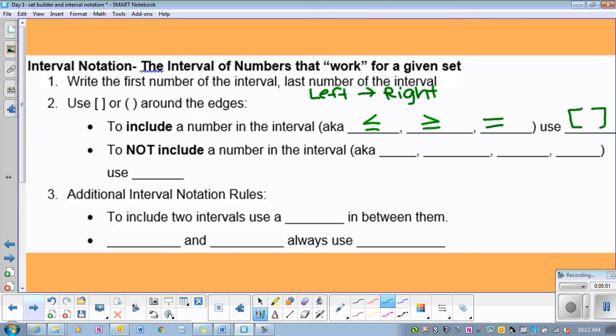If you did not include the number, so basically you have less than, greater than, not equal, we're going to use parentheses.